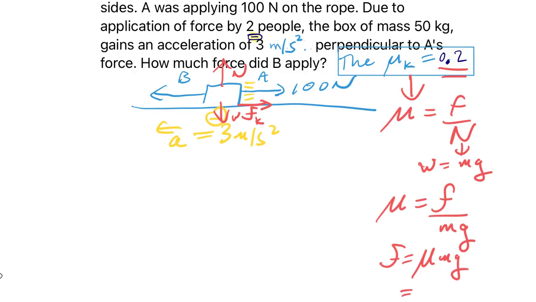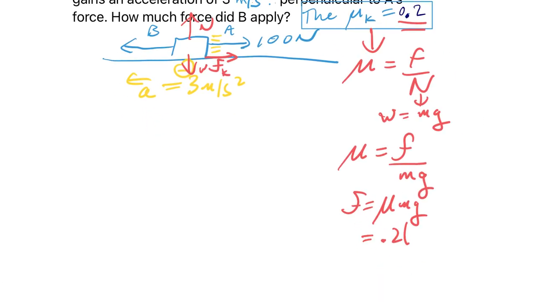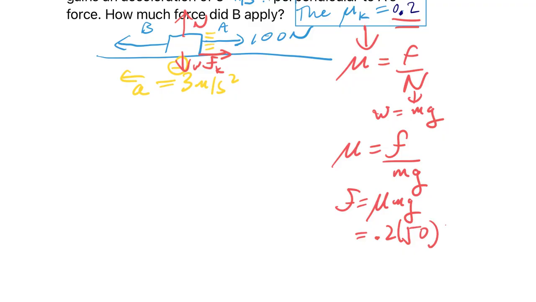We got 0.2 times the mass of the box, which is 50 kilograms, times 10. So 500 times 0.2 is 100. So that FK is 100 newtons.